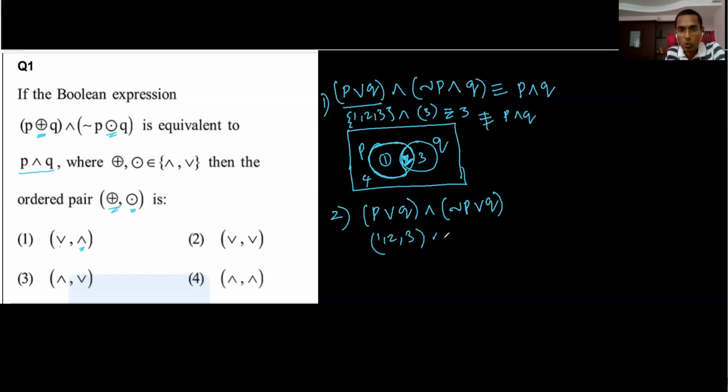And now negation P or Q: Q means 2, 3, and negation P means not P, which is 3, 4 again. But in a set you need not write 3, 4 again. The intersection of 1, 2, 3 and 2, 3 becomes 2, 3. So this 2, 3 is Q. Therefore, the second is not the answer.